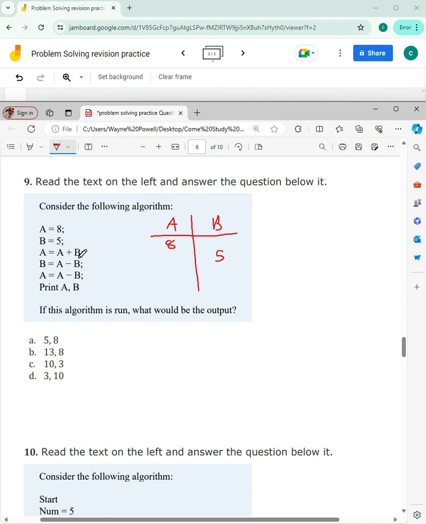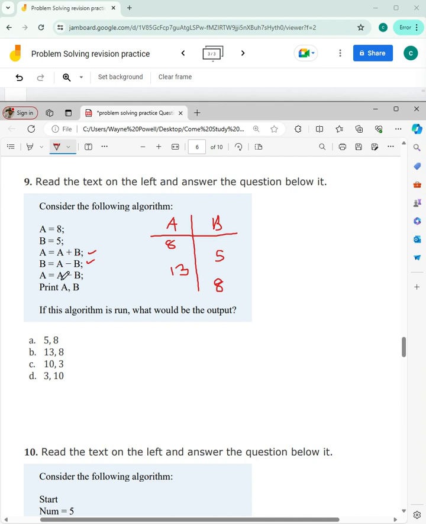This line says A plus B, so we have 8 plus 5, which is going to give you 13. So A becomes 13. The next line says B is now equal to A minus B. So A in this case is 13. So we're going to have 13 minus 5. B becomes 8. Right, so we've done this step, and we're moving on to this one.